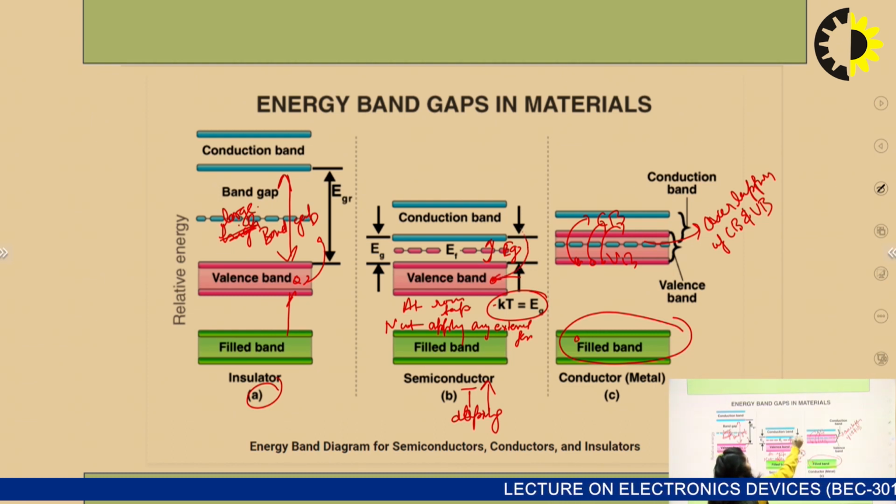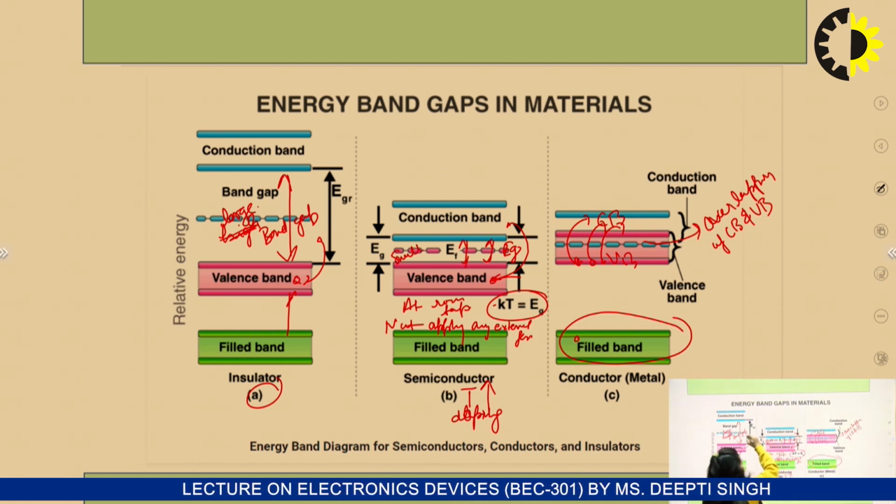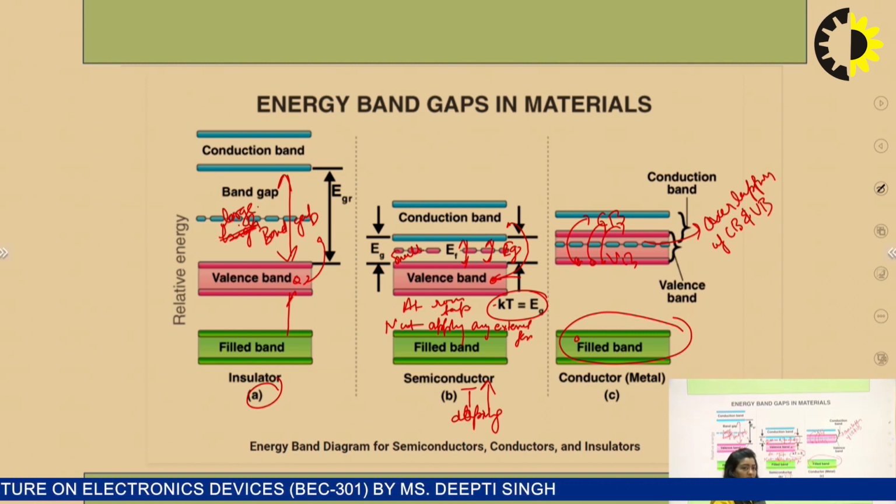The band gap is so much smaller compared to insulators, but much larger than conductors. So in between the insulator and the conductor we have the semiconductor.